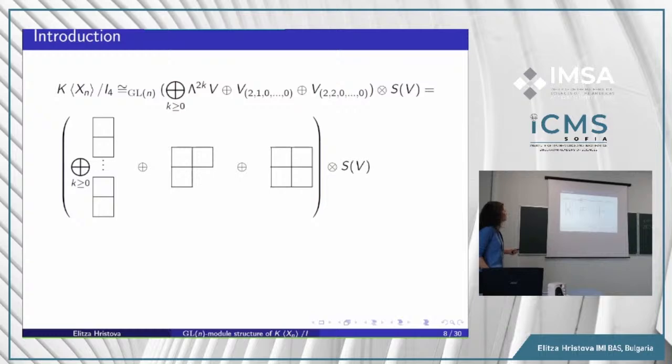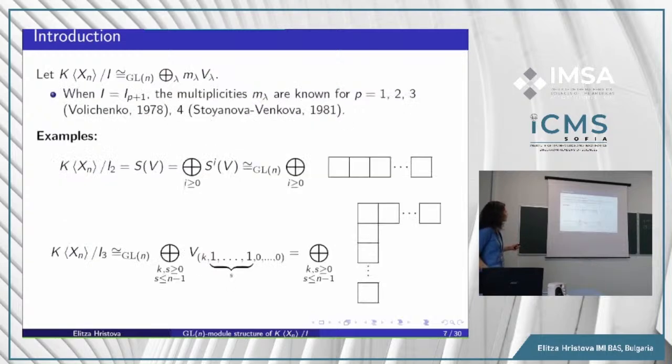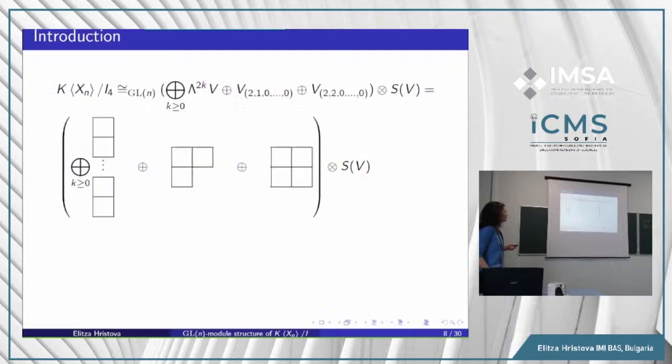This is one concise way to write down the decomposition, so it gets more and more complicated. In this case, we are not going to write it on a slide because it's already too complicated, but it's known. The decomposition is known, and this is about one copy of the ideal generated by commutators.